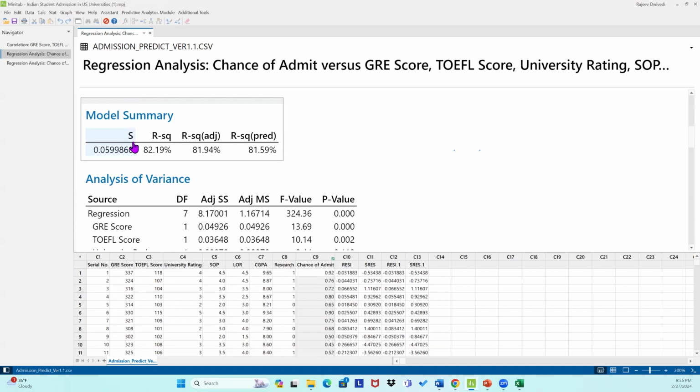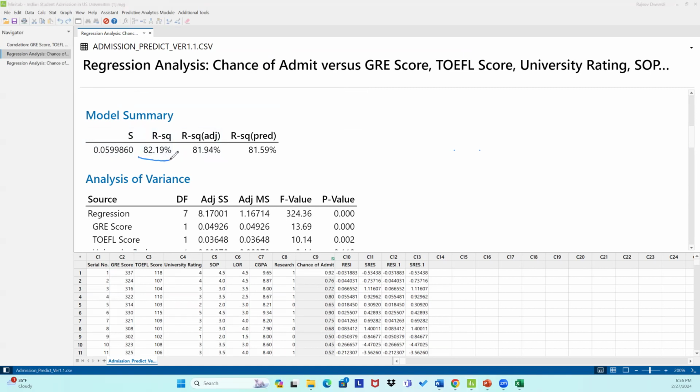So this is S. This much result can deviate from the prediction. This is R square, like we were talking about. R square can be 0 to 1. Here they have written it in terms of percent.